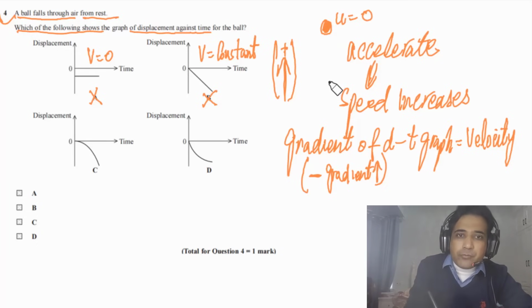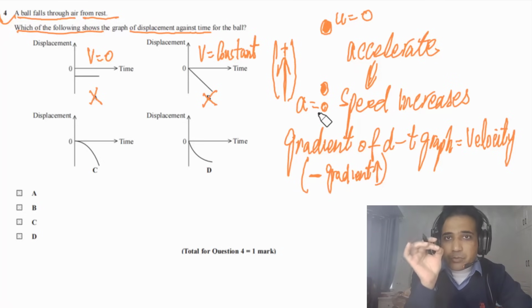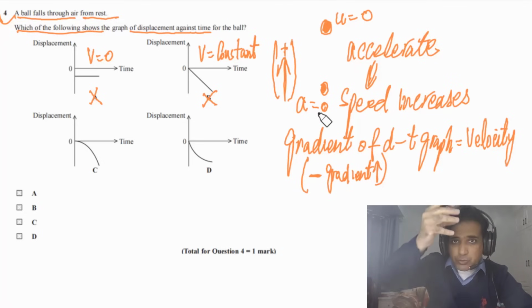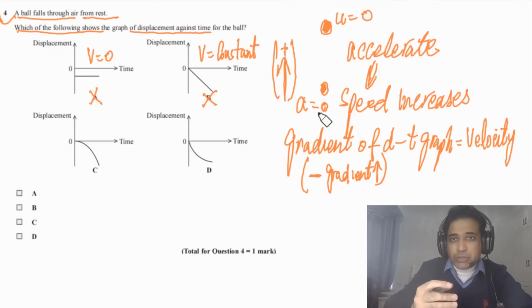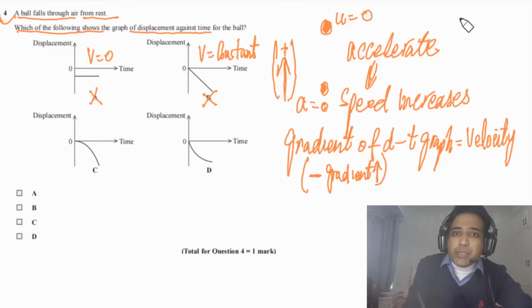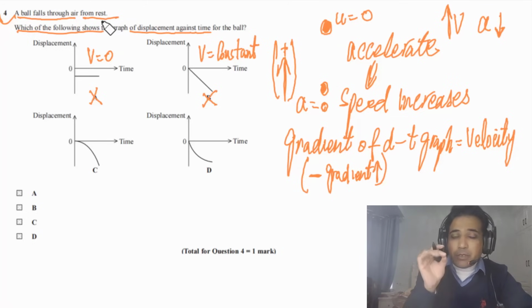When this ball reaches terminal velocity, its acceleration will be equal to 0, but it will have a certain maximum terminal velocity. So when the ball drops, its speed will go on increasing, but its acceleration will go on decreasing. Very important. You need to understand that the speed of the ball will go on increasing and the acceleration of the ball will keep on decreasing if we consider the effect of air as well.